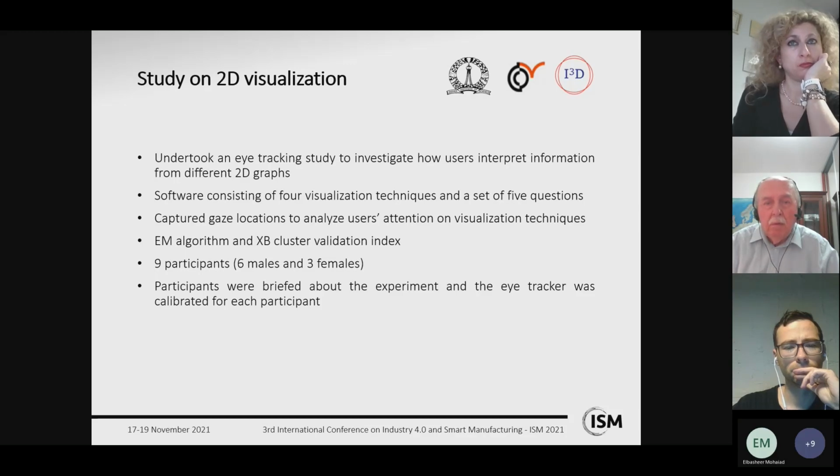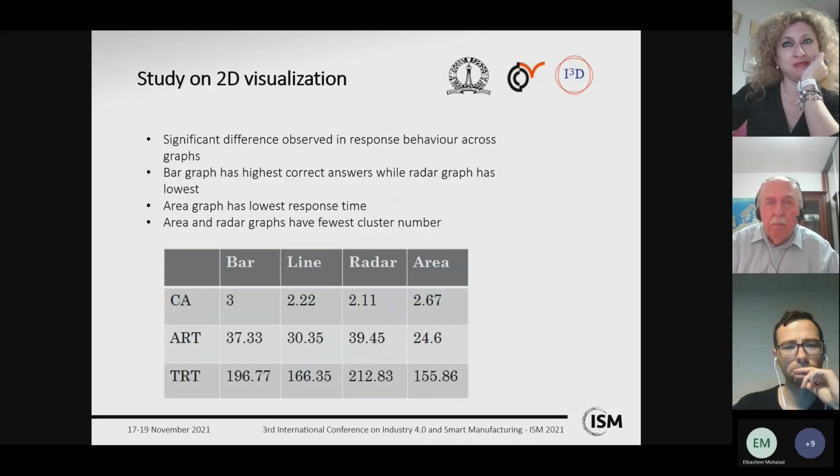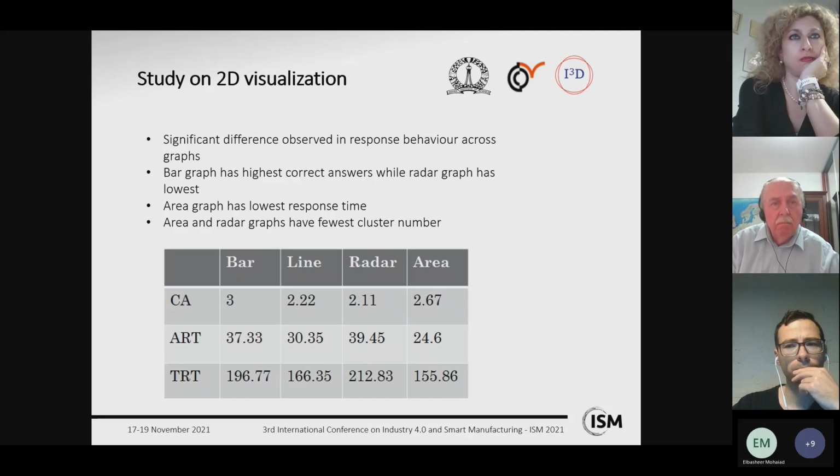Nine participants participated in the experiment. Before the experiment, they were briefed about it, and the eye tracker was calibrated. As I said, this was the interface. We found that significant differences were observed in the response behavior across graphs. For bar graph, there was a time and accuracy trade-off.